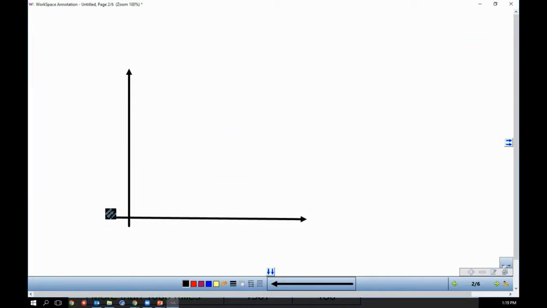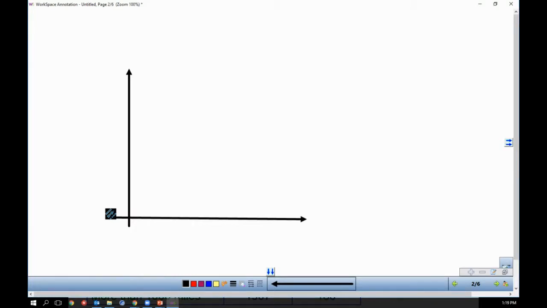The only key thing we wrote down up here was when to use categorical data. Okay, so there's our axes.